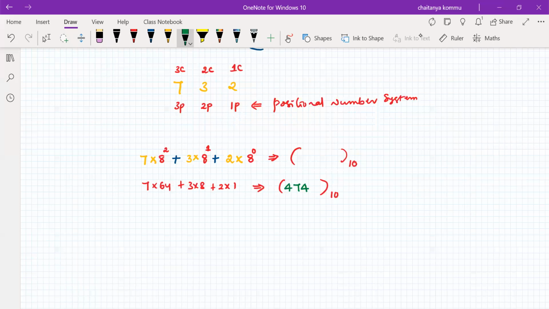So we are very sure that once we multiply all these coefficients with their weights, this number is a decimal number system. There is no doubt at all. Even if you're not writing the 10 there, you can immediately say that it's a decimal number system. But as usual practice, we will write it as 10.